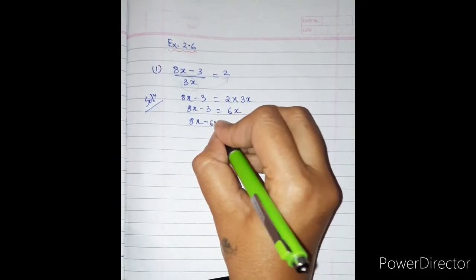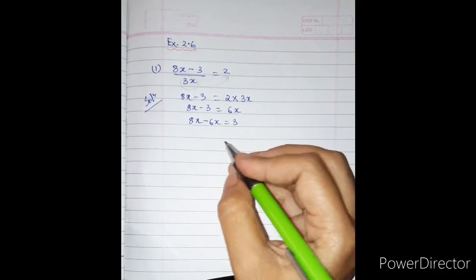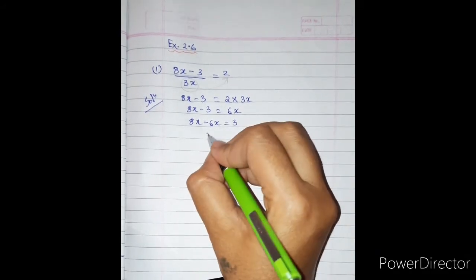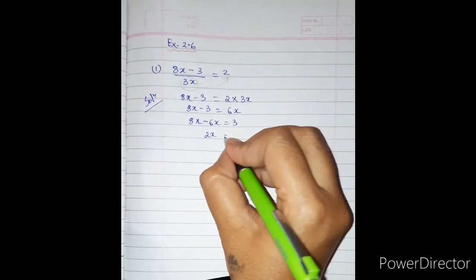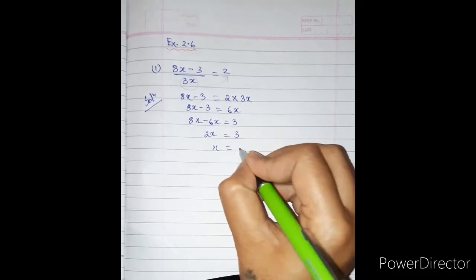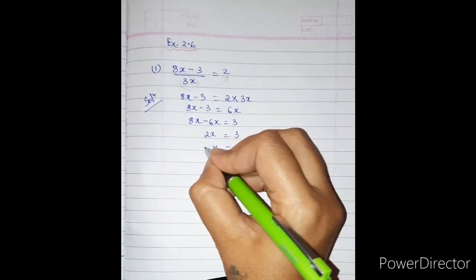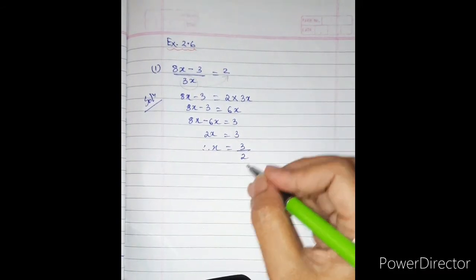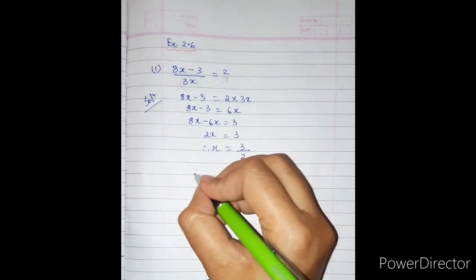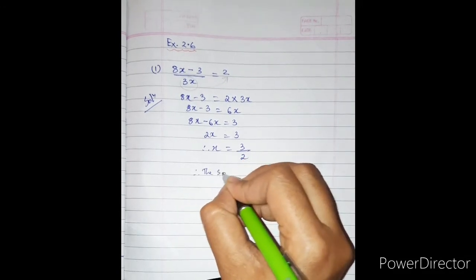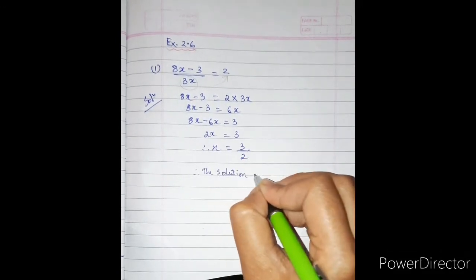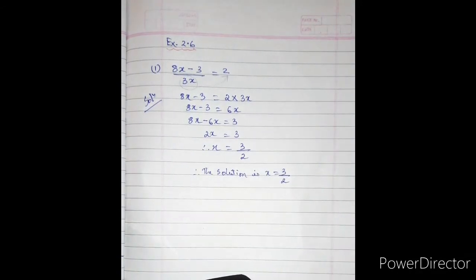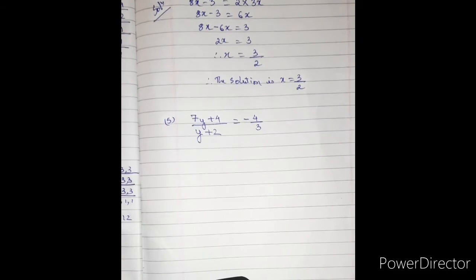It will be minus 6x, which is equal to 3. 8 minus 6 gives us 2x, which is equal to 3. x is equal to 3 upon 2. We cannot solve further. This is the solution. So therefore the solution is x is equal to 3 upon 2. Let's go to the next one.